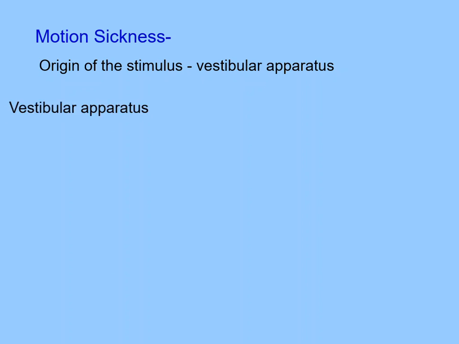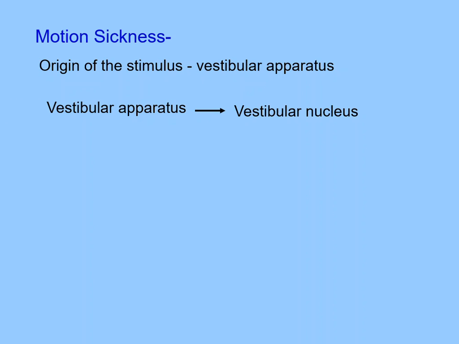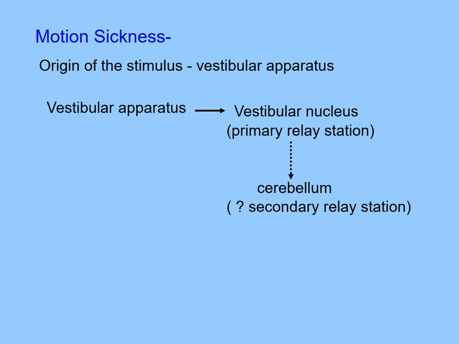The vestibular apparatus sends impulses to the vestibular nucleus. The vestibular nucleus is the primary relay station. Then it goes to the cerebellum, which is used to balance our body. The cerebellum is the secondary relay station.